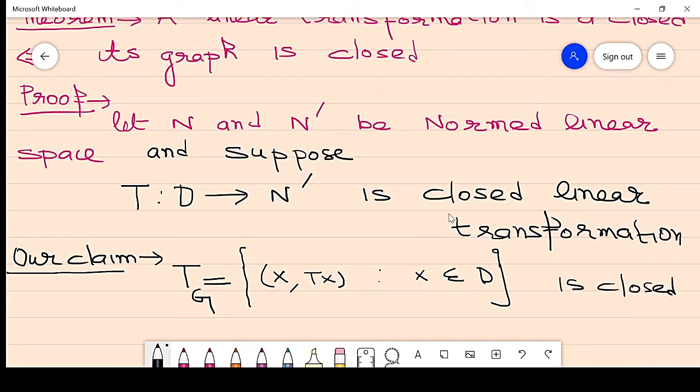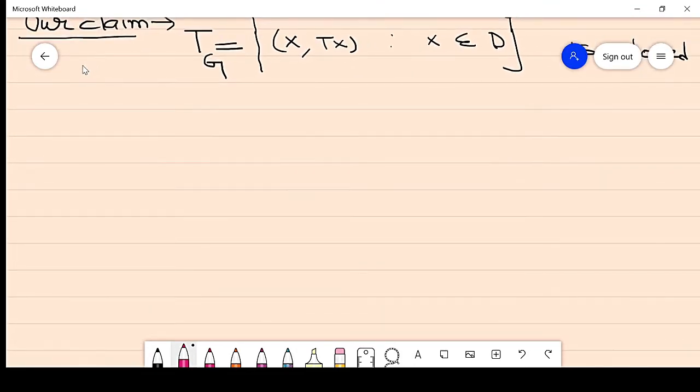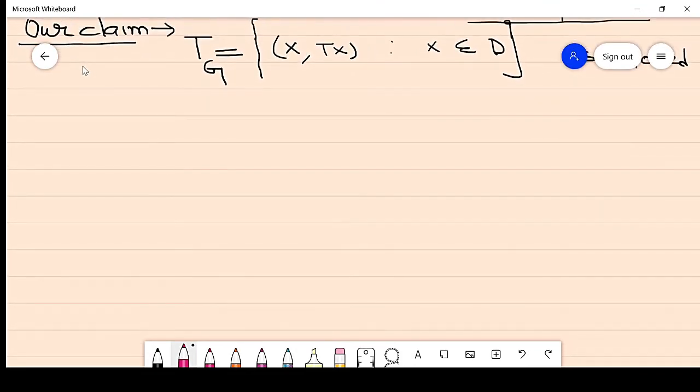This is given: it is a closed linear transformation, and my aim is to prove that its graph is closed. So how will we prove that a set is closed? We will take a limit point, then prove that it belongs to that set, and then it means the set is closed.